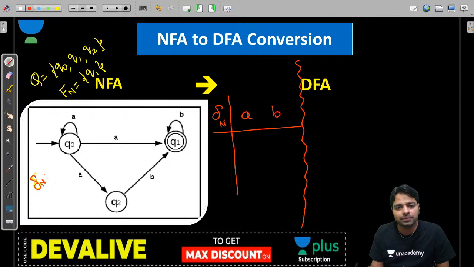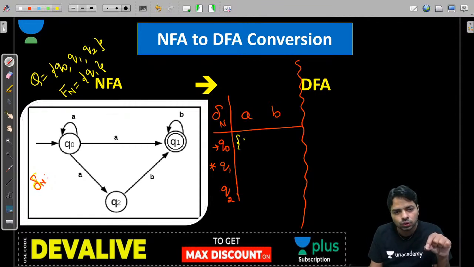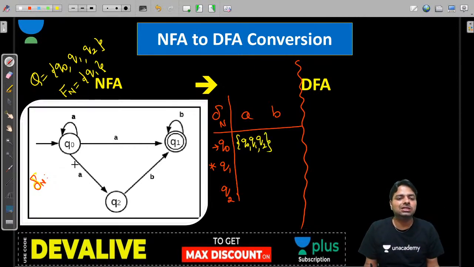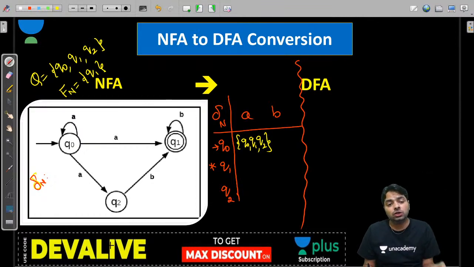On A and B, we have Q0. In algorithms, it is better to use the table. Q1 is the final state. Now let's fill in the transitions very quickly. Q0 on A, I can go to Q0, or to Q1, or to Q2, guys. There are 3 possible transitions. You can see the self loop on Q0 on A, and on A you can go to Q1, and to Q2, and on B you don't have anything, so fine.